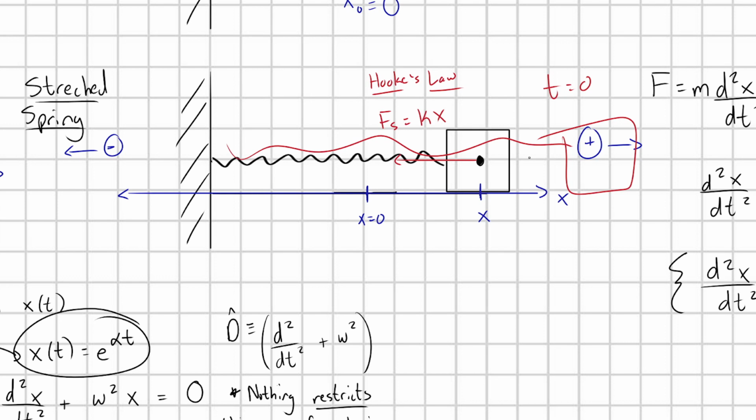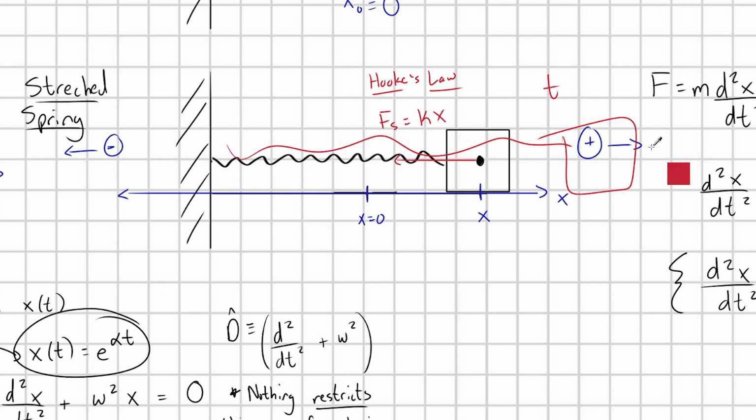I can change the initial position of my block depending on whether I pull or press in on the spring and then release the block at t equals 0. And I can also control the initial velocity of my block. If I simply release it, my initial velocity would be equal to 0. Or do I give it a little boost to give it some initial velocity?